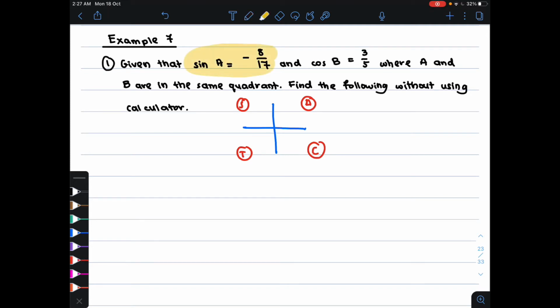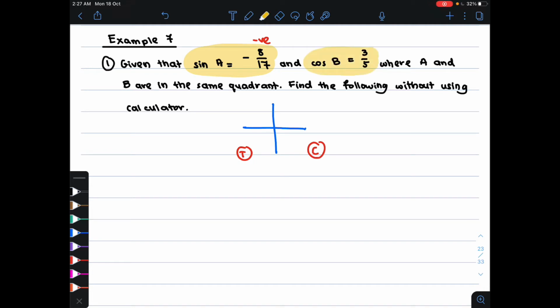If we look at A, we can see that sine A is a negative value. And hence, A can either be in quadrant 3 or quadrant 4 only. It cannot be in quadrant 1 or quadrant 2 because in these two quadrants, sine is positive. So we're going to ignore quadrant 1 and quadrant 2.